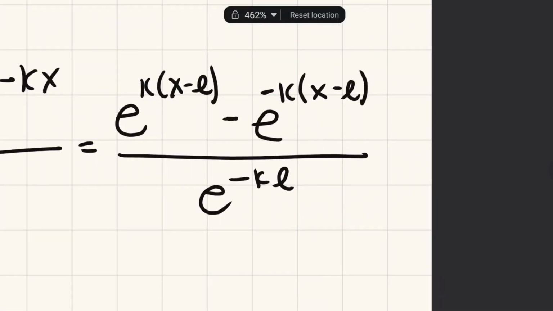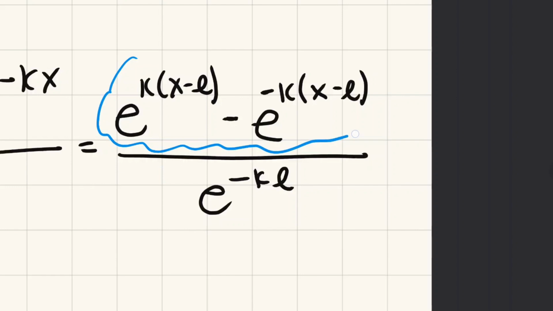So again, we see that this piece over here is 2 times the hyperbolic sine of the exponent.